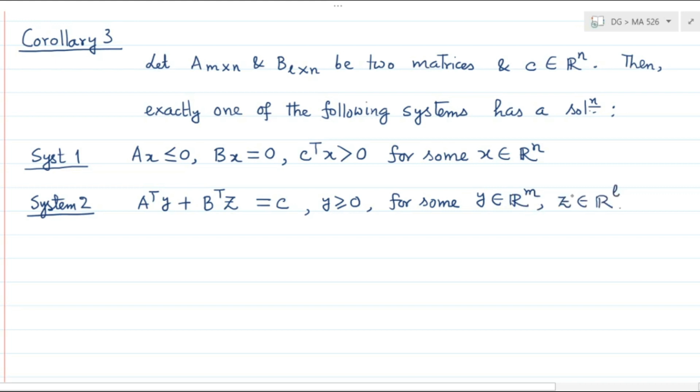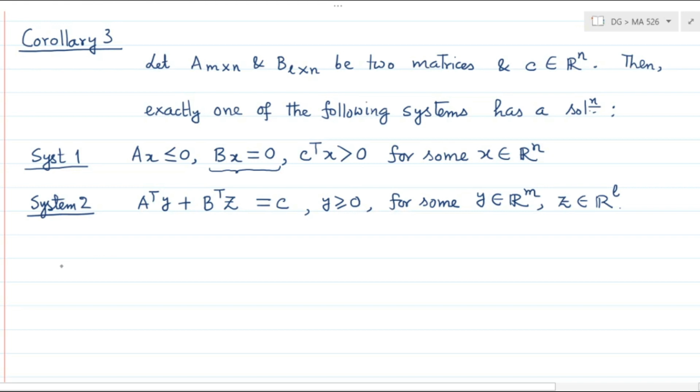Here note that z is unrestricted in sign. Why is z unrestricted in sign? Because z is associated to this equality. This is a rule of thumb. If you have some equalities, then the corresponding variable in the system 2 will be unrestricted in sign. However, if you have inequalities, then the corresponding variable in the system 2 will be restricted to a non-negative quantity.